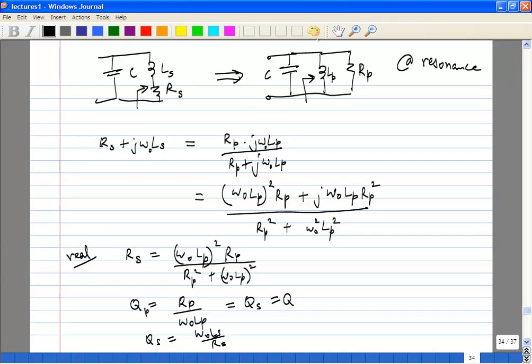But actually, you have to be a little bit careful. It will not necessarily be valid at all frequencies. Actually, I'm wrong. It will not be valid far away from resonance. But we are using only omega naught.